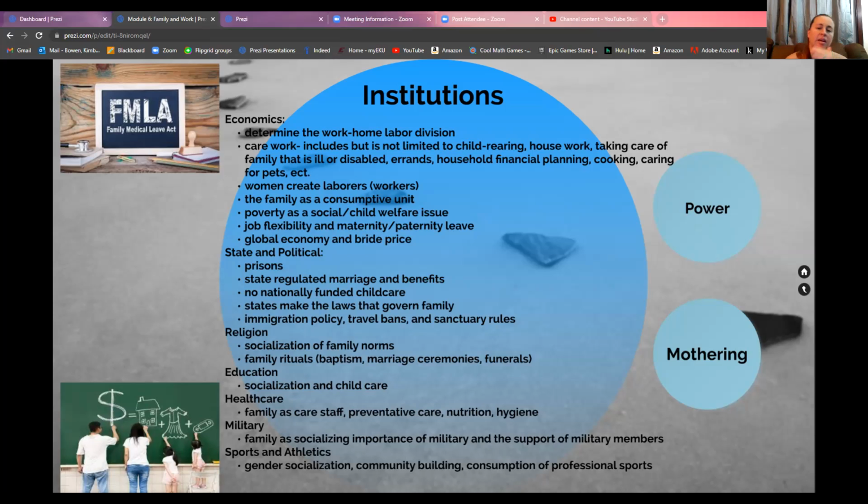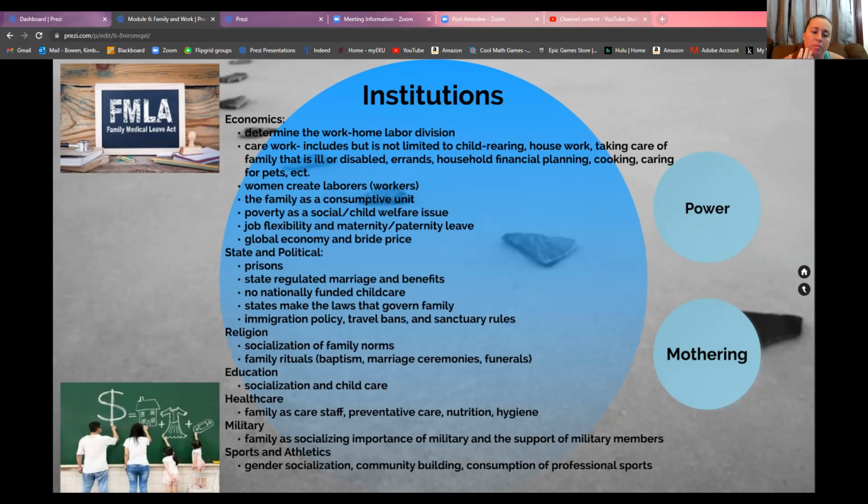So when we talk about states and how the family intersects with states and politics, essentially, the state regulates marriage, it regulates benefits programs, it regulates so much of how we operate as families.